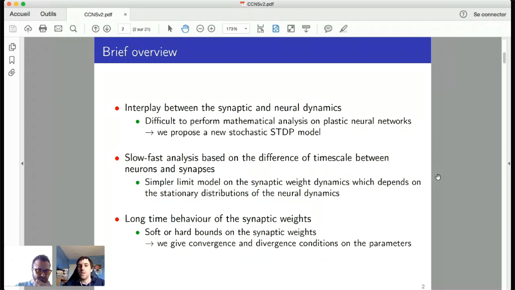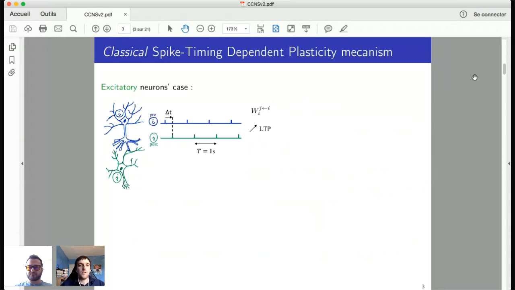Then we study it using a slow-fast analysis based on the difference of time scale between the neurons and the synapses. And finally, we study the long-time behavior of the synaptic weights dynamics that we obtain with the slow-fast analysis.